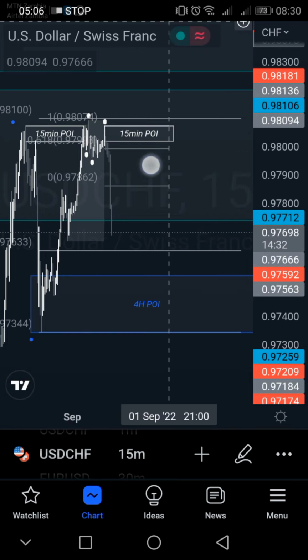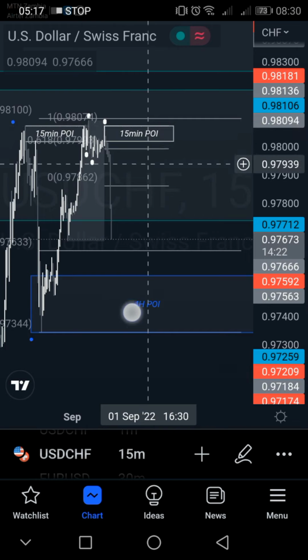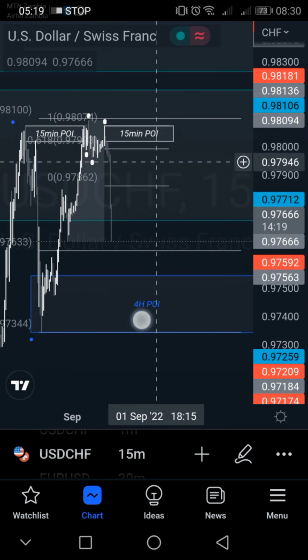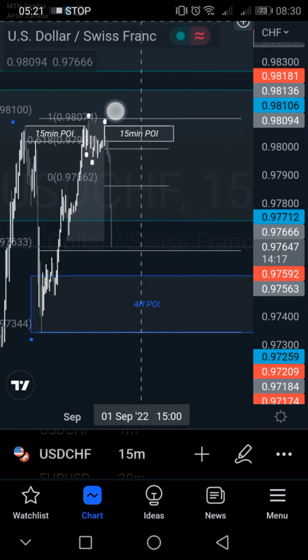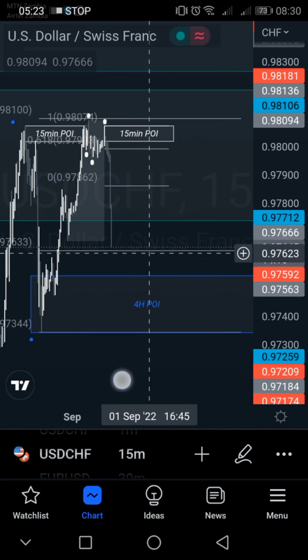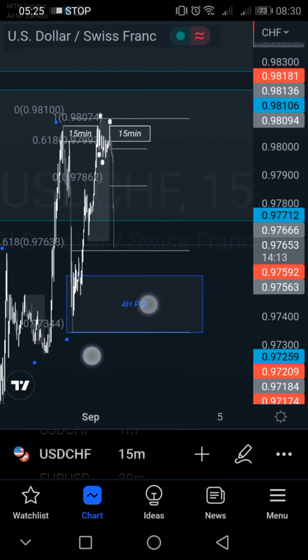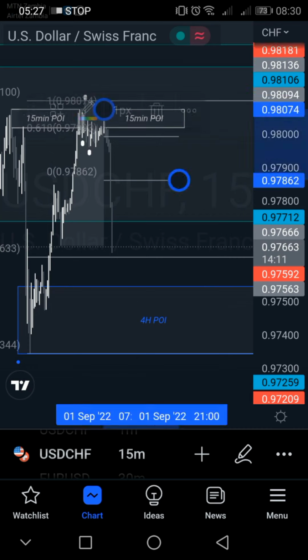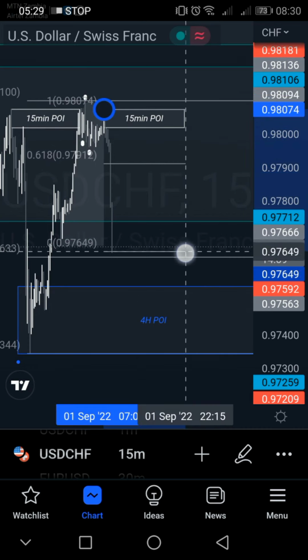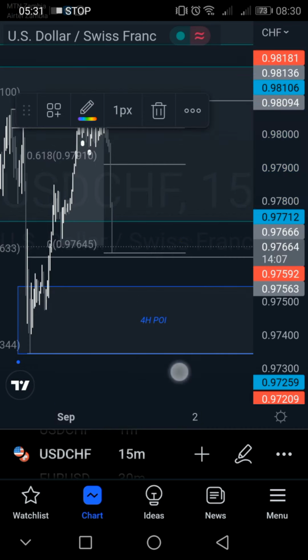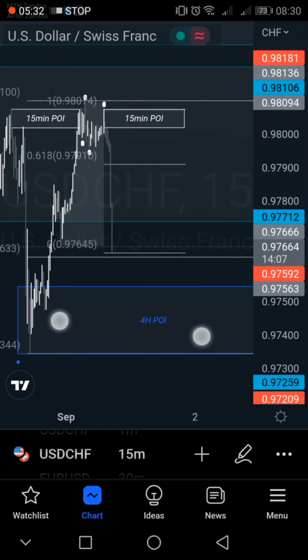But that can't happen. So I'm just waiting for price to approach this point of interest, give me a buy confirmation on the 15 minutes, then I can target this high. But if price takes out the low, well and good, we'll start selling, which it seems like there's a lot of volatility in the market. Oh my god, this is crazy. Is there news or something? I don't really pay that much attention to news.